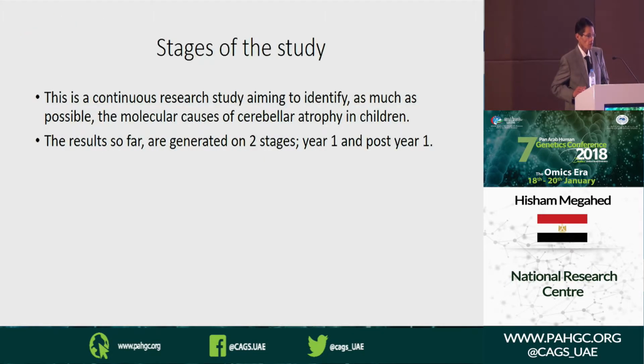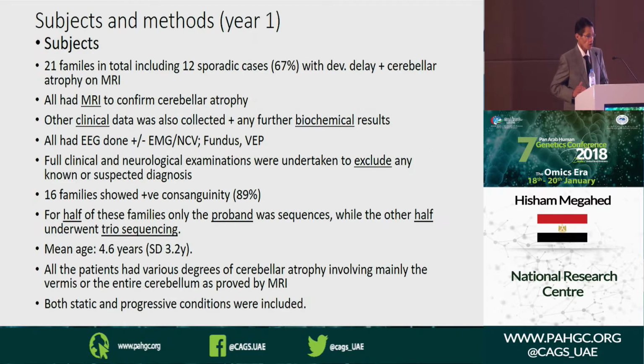The study started 2 years ago, and it's actually an ongoing study, so we're still assessing and analyzing samples, but I'll give a report on the first and second years. So in the first year, we had about 21 families, 12 of them sporadic, and all had MRI to confirm the cerebellar affection.